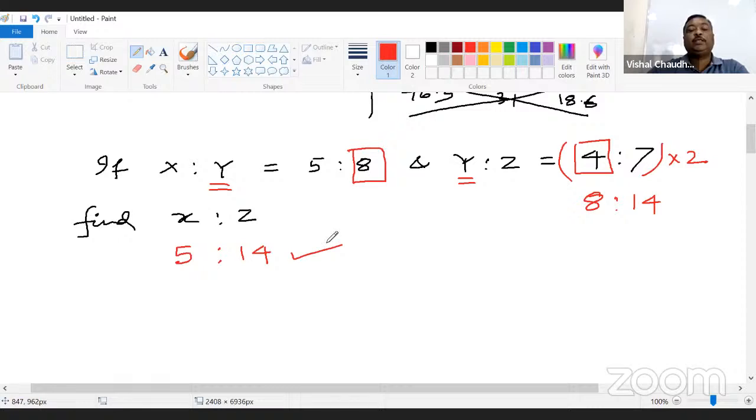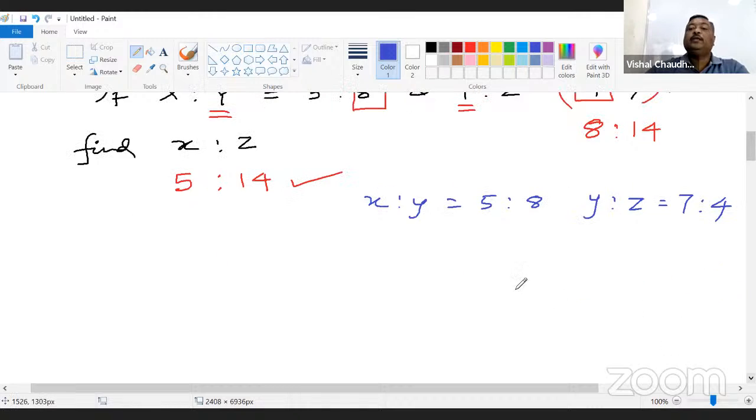Now suppose I change the value of this. Let me change the value. I have x is to y as 5 is to 8 and y is to z as 7 is to 4. What will I do now? So again, I will equalize the y's at both places.